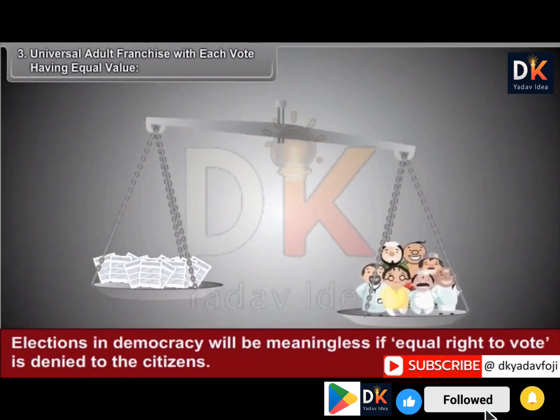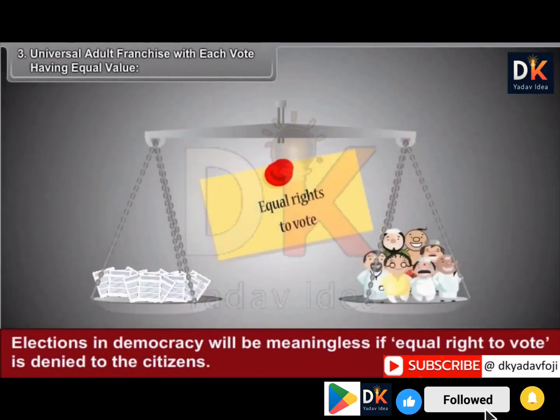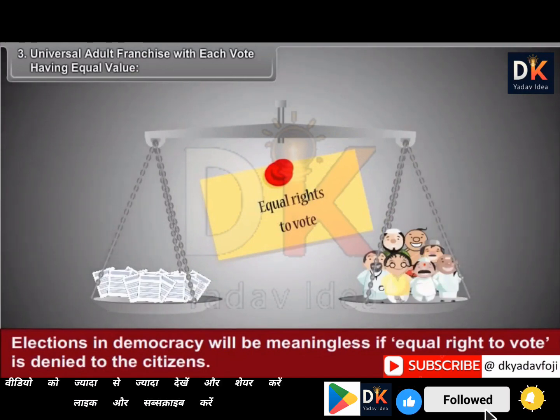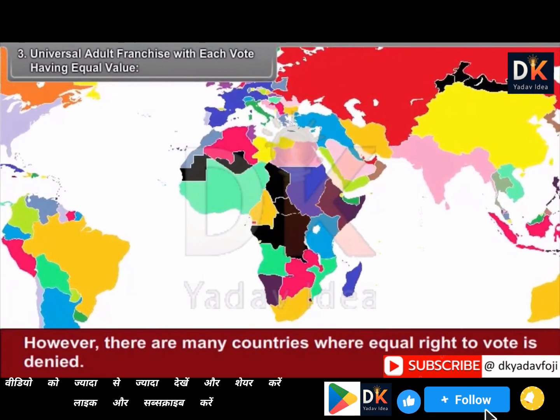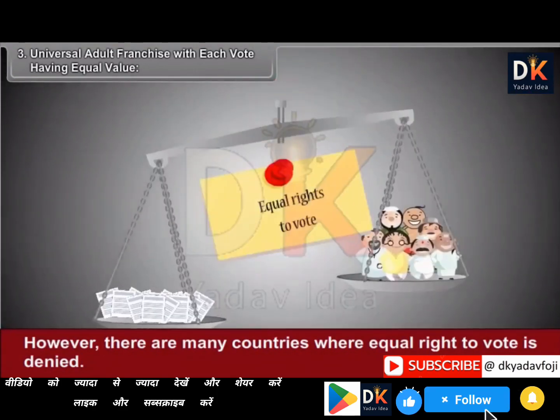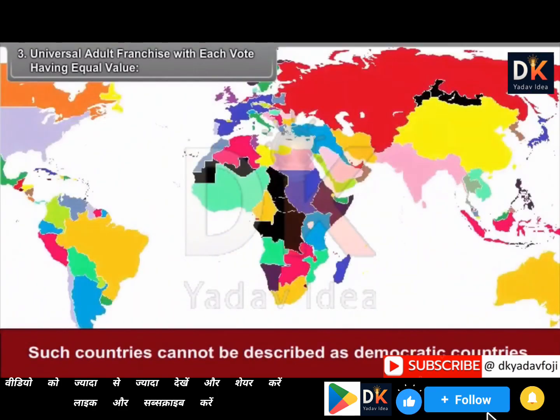Elections in democracy will be meaningless if equal right to vote is denied to the citizens. Democracy is based on the fundamental principle of political equality. However, there are many countries where equal right to vote is denied. Such countries cannot be described as democratic countries.